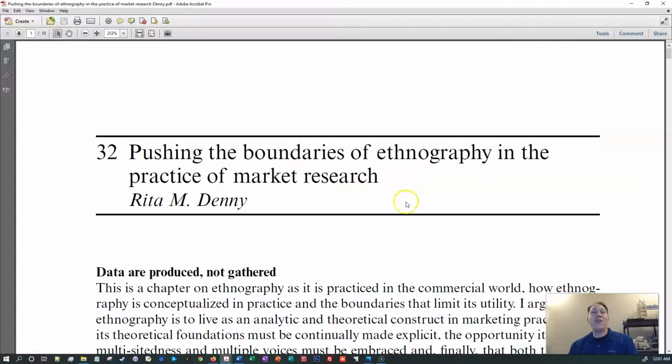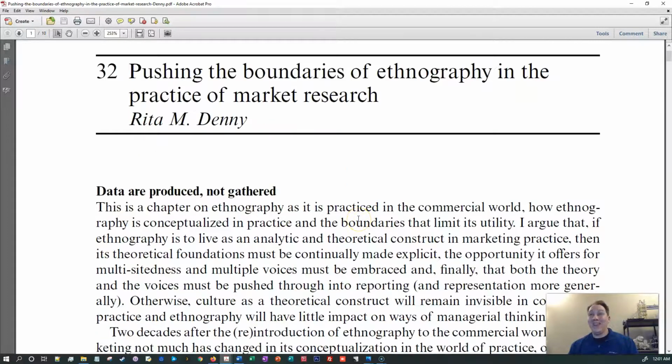Then we have pushing the boundaries of ethnography and the practice of market research, which is a really challenging article from the point of view of this being someone, the author Rita M. Denny, who sees that there's this great method that can get really deep and useful and important insights, and doggone it, why aren't more people using it?